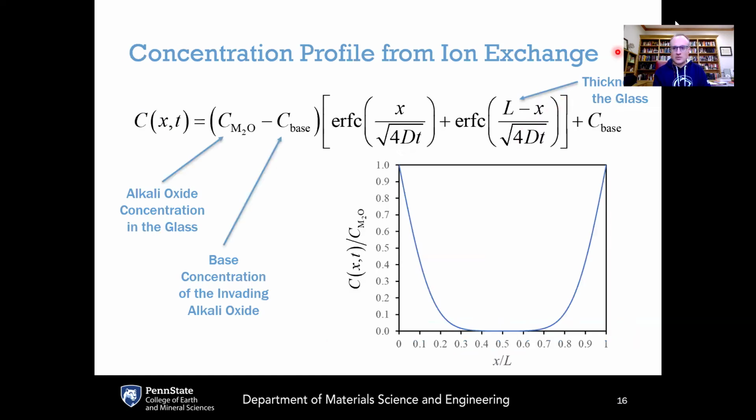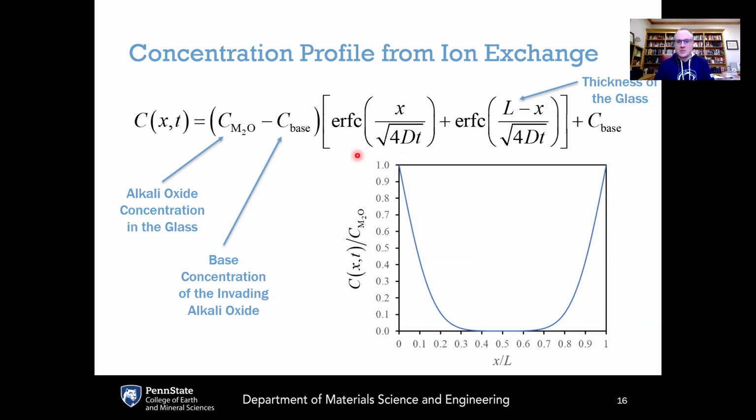Now, the concentration profile that we get from the ion exchange process is a simple modification to one of the diffusion problems that we solved in chapter 4. That problem was: if we had a constant concentration of our diffusing species at the surface, and we assumed a semi-infinite medium, the solution, which we solved through Laplace transforms, was this complementary error function shown here.